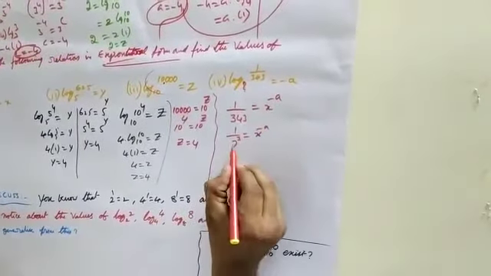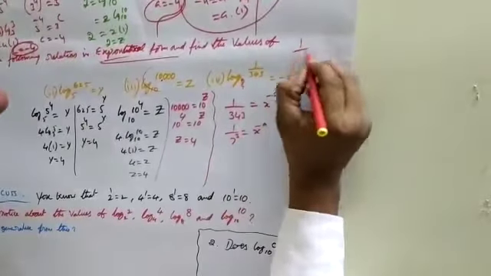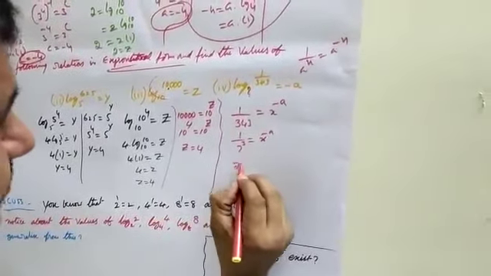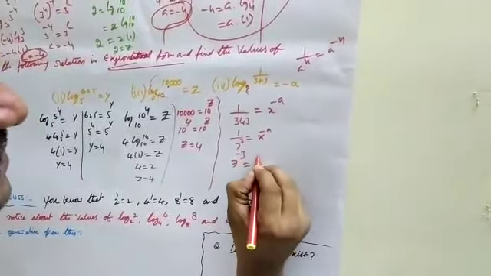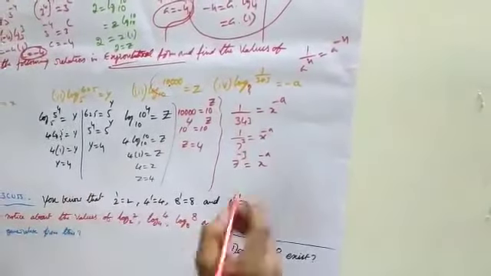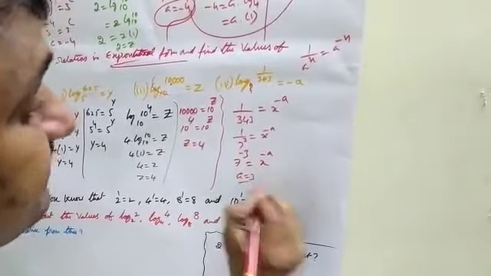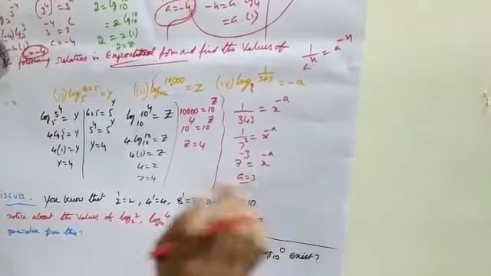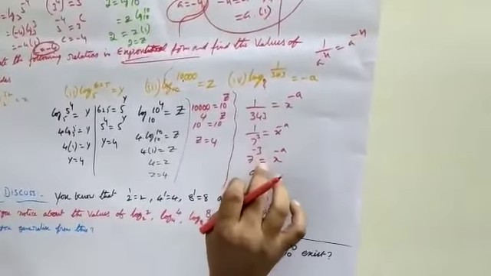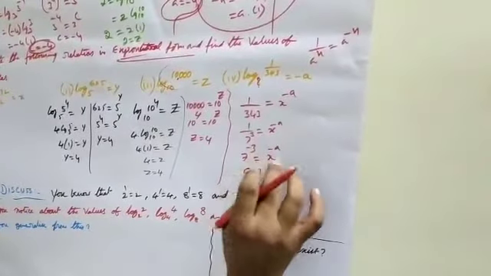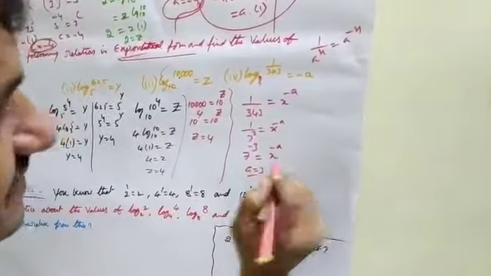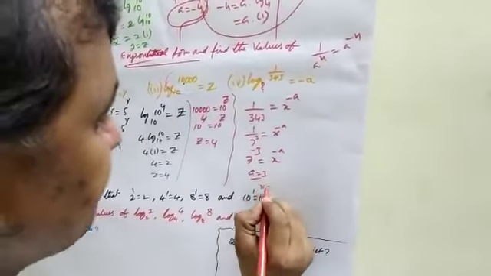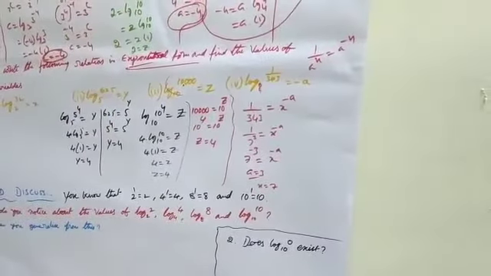Here 1 divided by a power n is equal to a power minus n. That means 7 power minus 3 is equal to x power minus a. Bases are equal, powers are equal. That means a is equal to 3, and x is equal to 7.